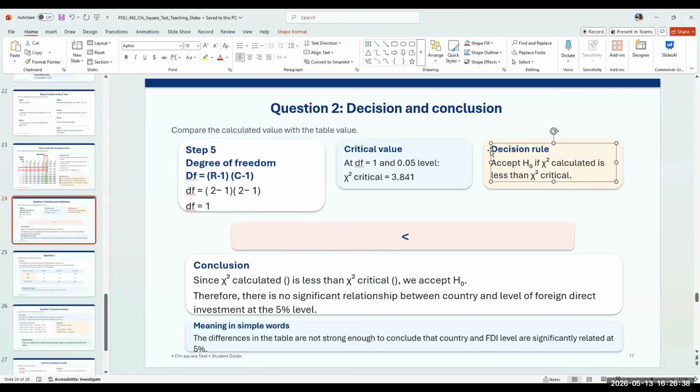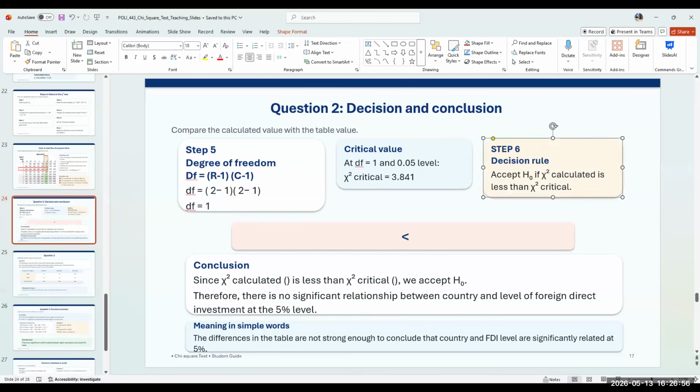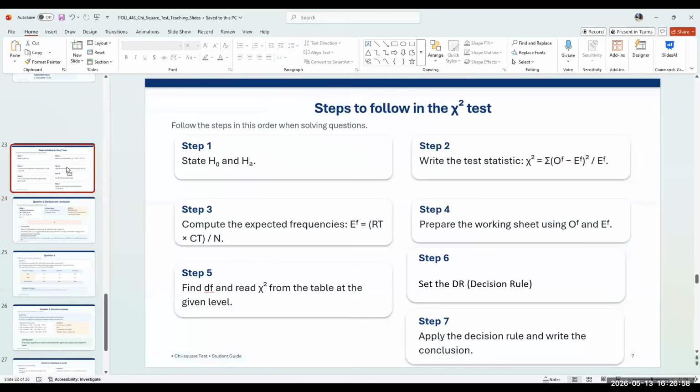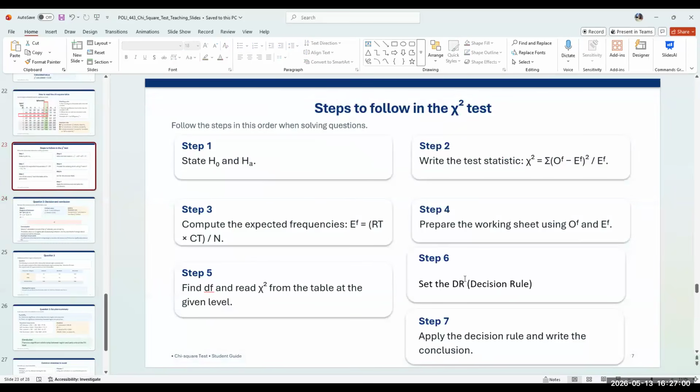So then I come here: decision rule. This is going to be our step 6. For step 6, I'm only going to quote what the decision rule is. Step 6 is not a formula, it's not anything. Set the decision rule.